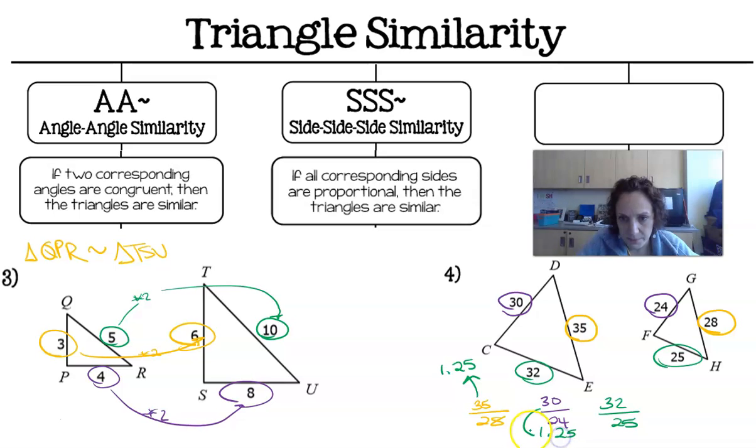That's good news. Okay, and last but not least, 32 over 25 is 1.28. Close. No cigar. Not similar.